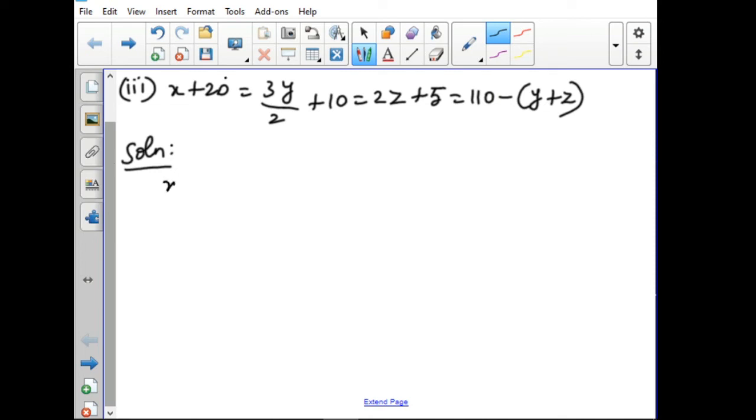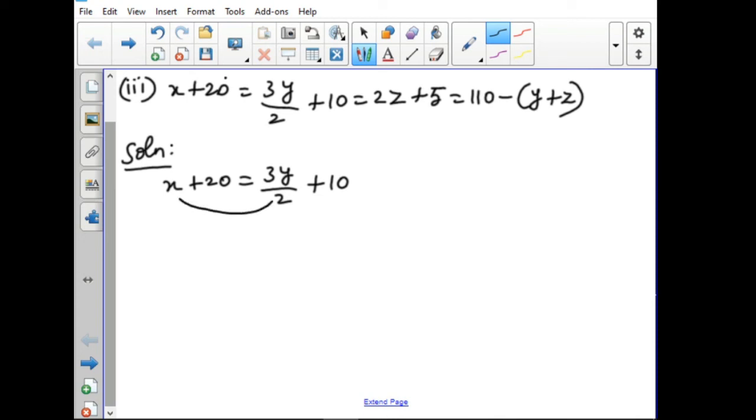Now I am going to consider the first two terms. So I have to take x plus 20 equal to 3y by 2 plus 10. See here, the right side has 2 in the denominator, but the left side has no denominator. So I am going to take the LCM, which is 2, so we multiply 2 in each term.